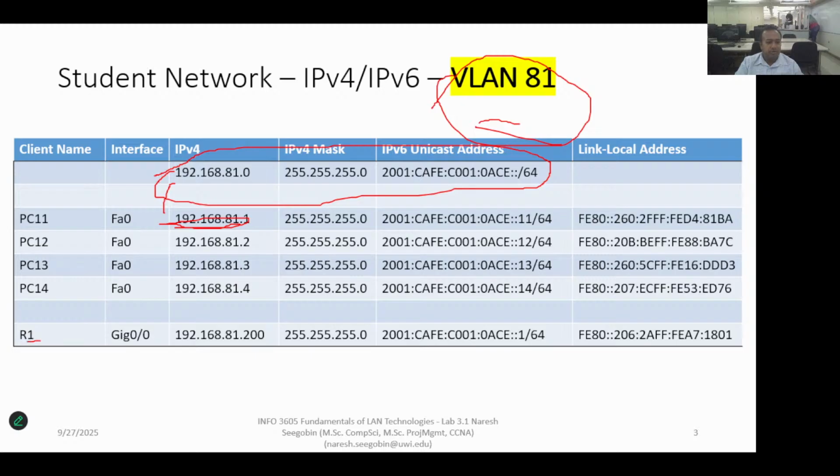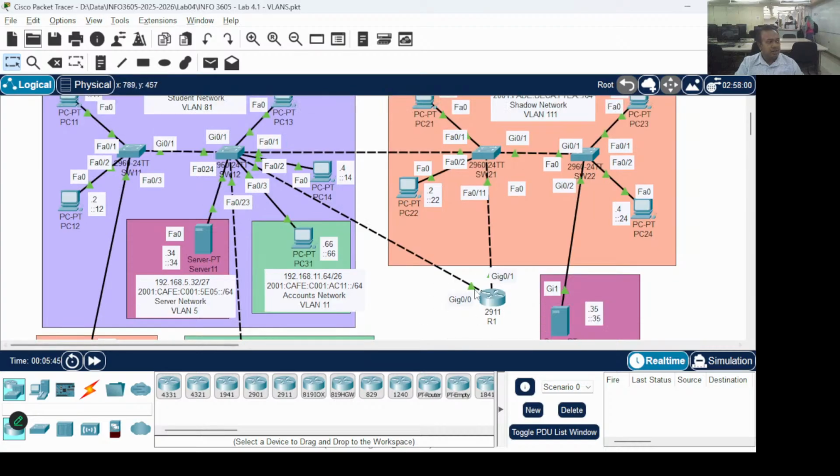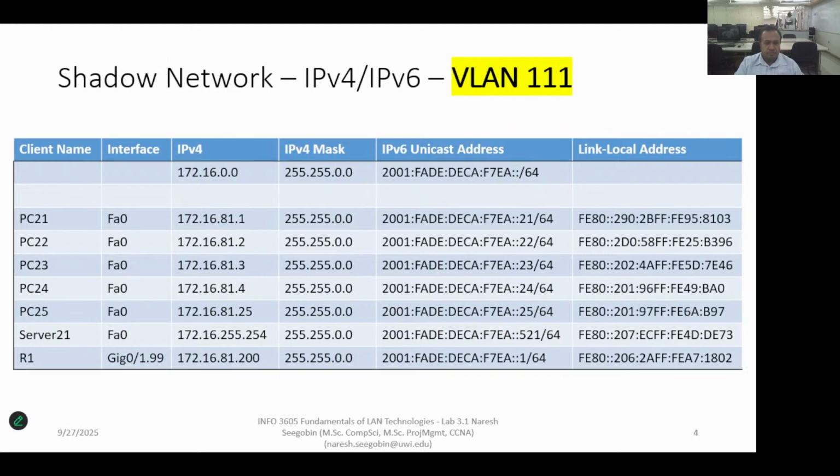Of course, we have our routers and router interfaces, and we'll show that. Let me pack this, and you can see that. That's gig 0/0 and that's R1 here, as you can see in the diagram. Shadow network, VLAN 111, just to make it a little different.